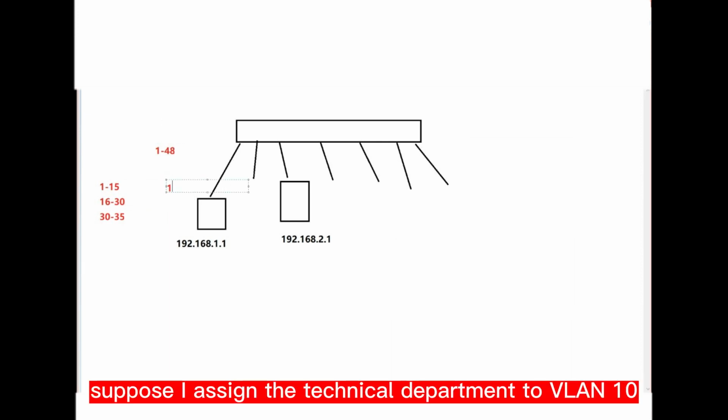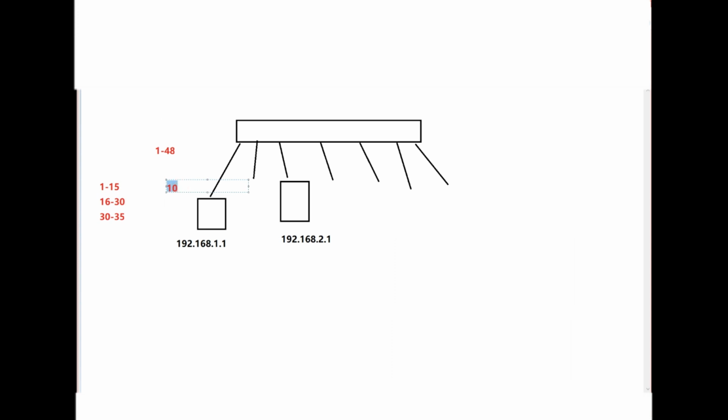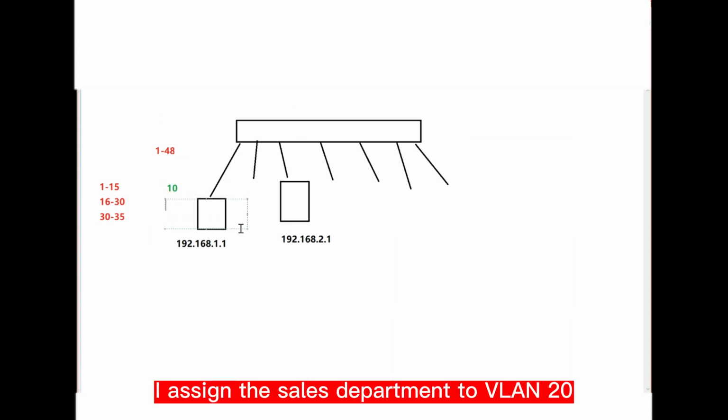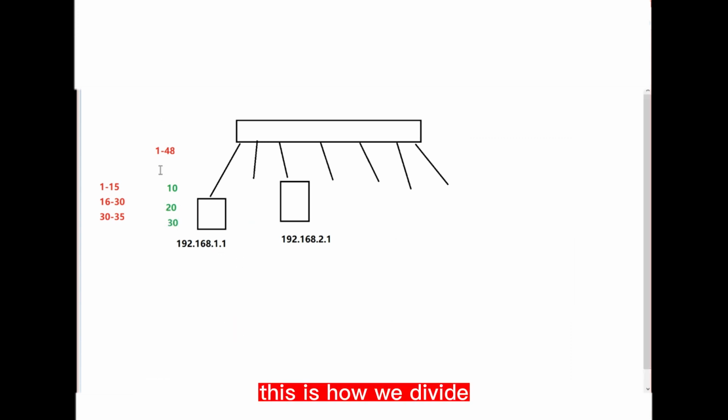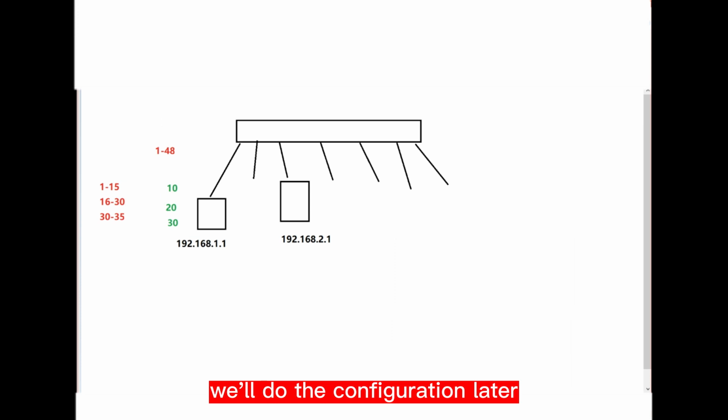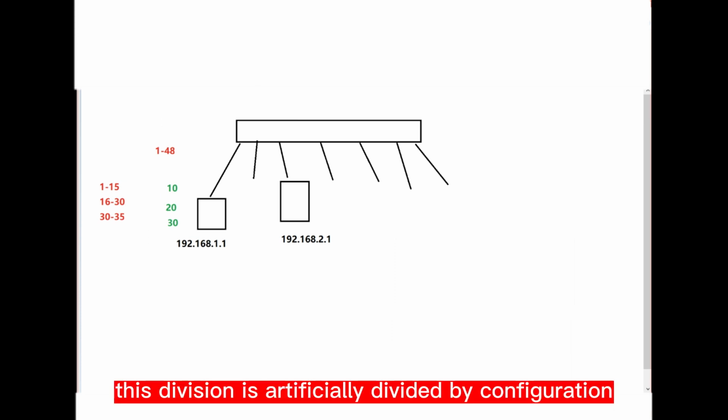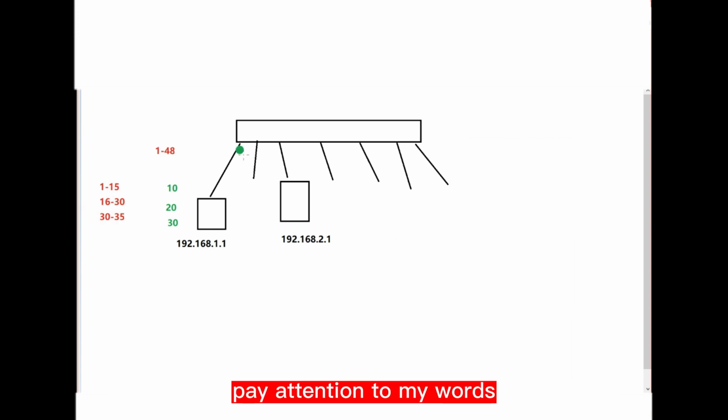Suppose I assign the technical department to VLAN 10, the sales department to VLAN 20, and the personnel department to VLAN 30. This is how we divide. We'll do the configuration later. Let's start with the concept. This division is artificially divided by configuration. Pay attention to my words: artificially divided by configuration.